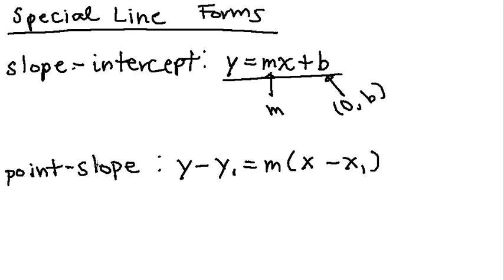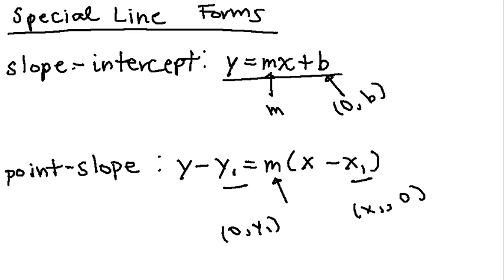The point-slope form immediately tells us the y-intercept, y1, the x-intercept, x1, and the slope, m. The y-intercept is (0, y1), and the x-intercept is (x1, 0).